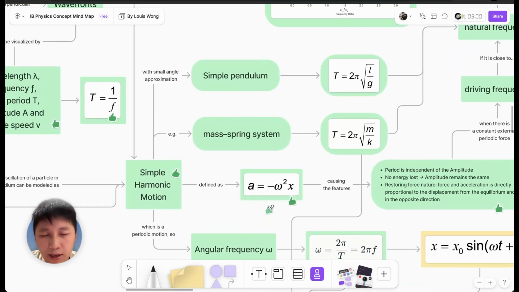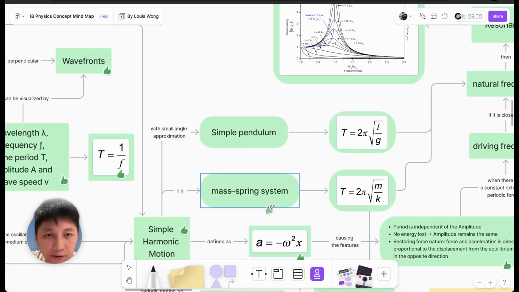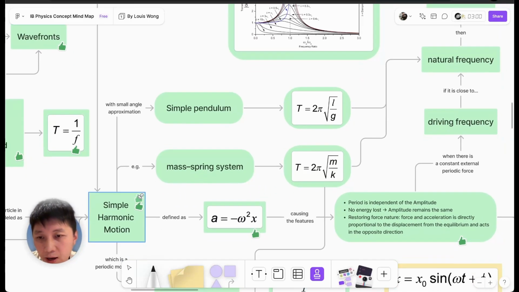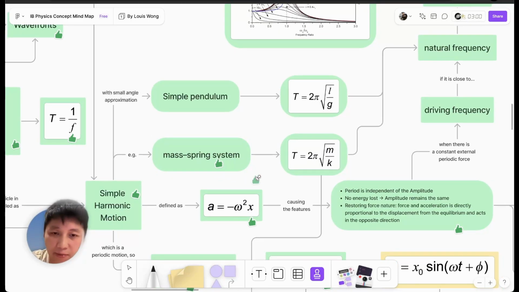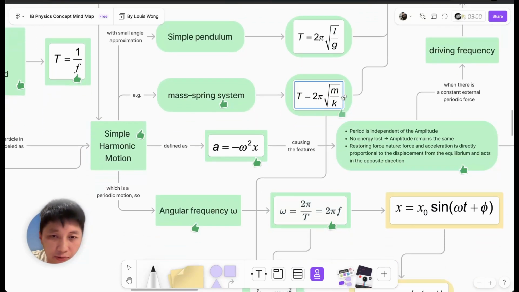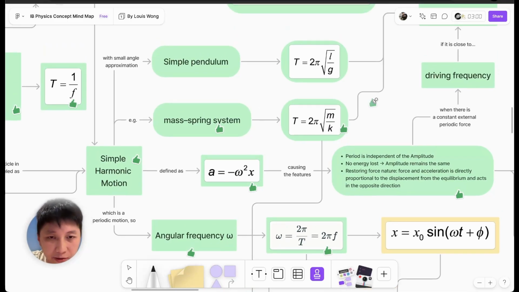Now, I would like to stay with SL as much as I can. With SHM examples we encounter in IB Physics, we have 2 examples. The very usual one would be this mass spring system, where it's a very simple mass hung with a spring, and then you'll be able to derive the relationship of the period, which is this one.